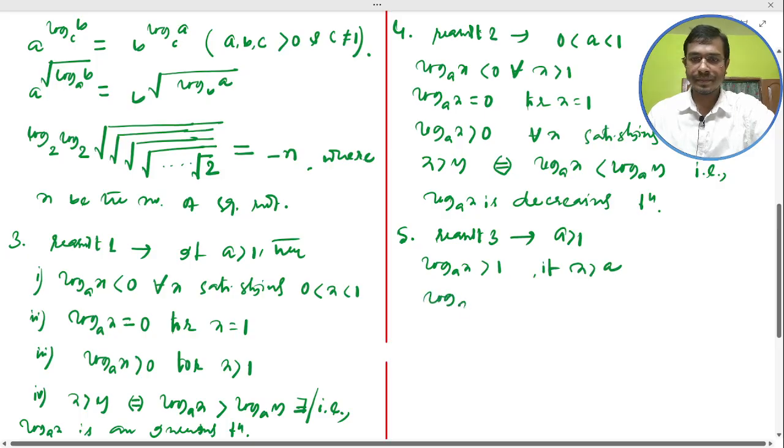Log x less than 1 if 0 less than x less than a. Log x equal to 1 if x equal to a.